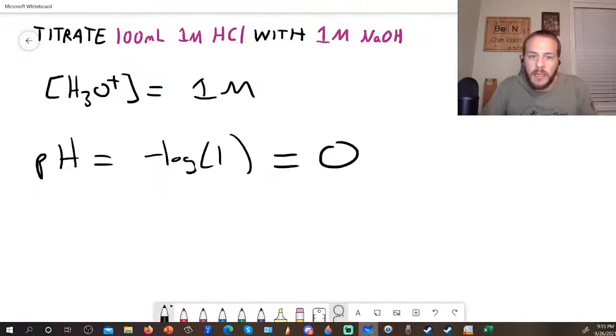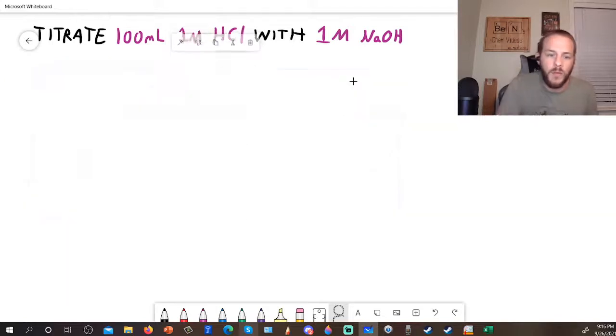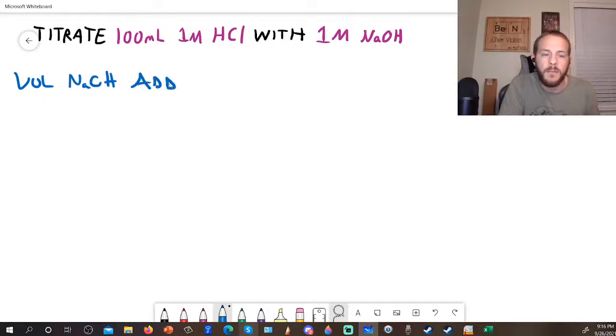So now it's going to get a little bit interesting. I'm going to get rid of all this stuff, and let's say I'll put this in blue. I'll include a little row up here that says volume of sodium hydroxide added, and I'll just keep that up there and change the number every time we want to go to another volume, right?